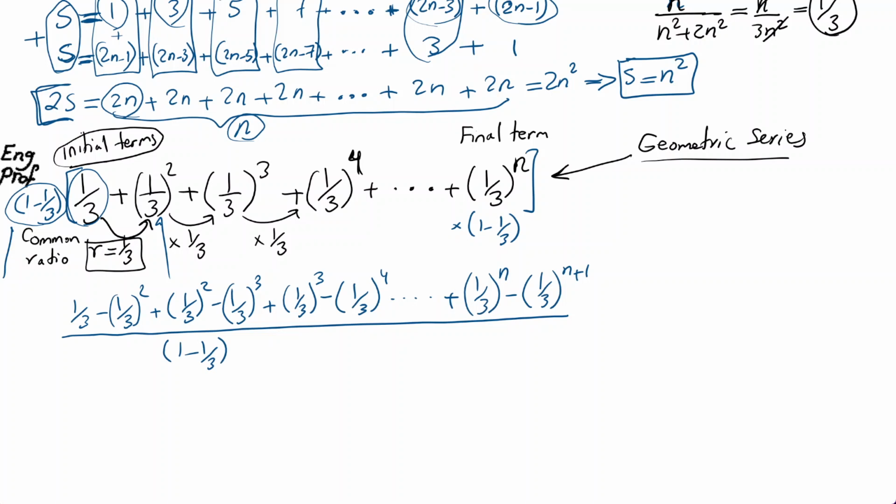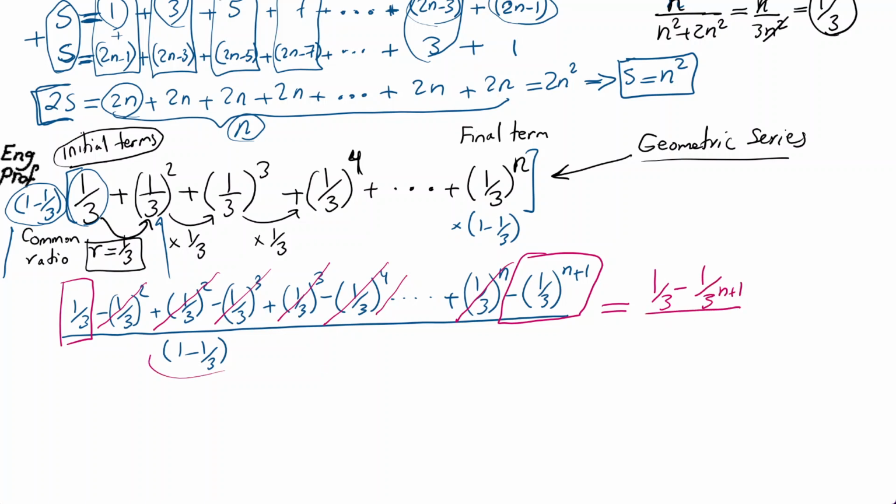The nice thing that is showing up is that this term cancels out this term, this cancels out the next term, and this goes on up to this one. What remains in the numerator is only 1 over 3 and minus 1 over 3 to the power n plus 1.